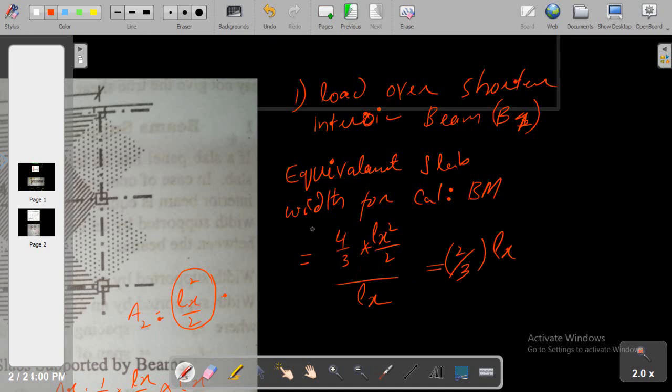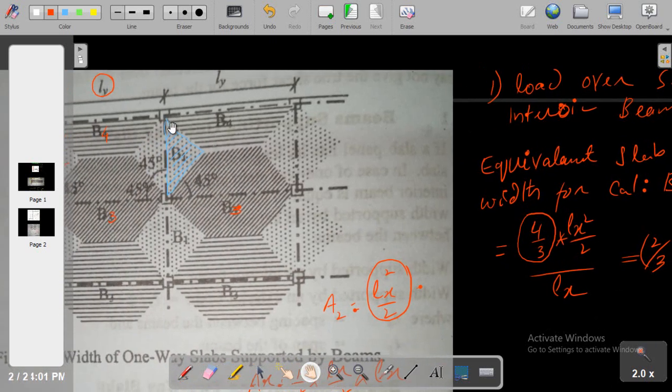this 4 by 3 factor is the modification factor which converts the triangular load, because it magnifies the triangular load and converts it into UDL. So this is the factor we have to multiply. This is the area, and if you divide the area by the length, we get the equivalent width of this triangular area, right?